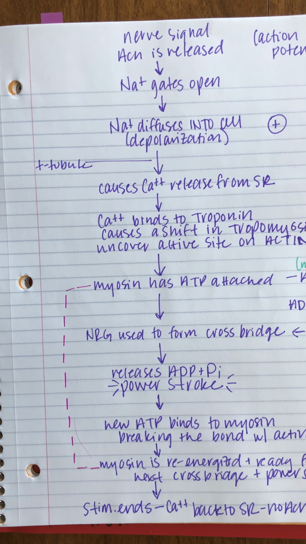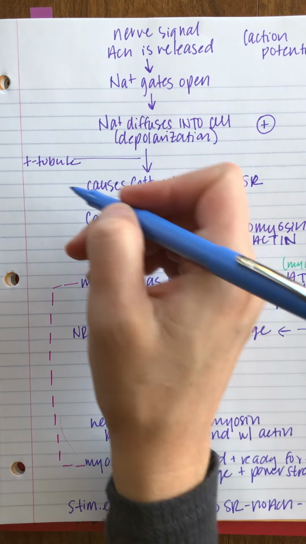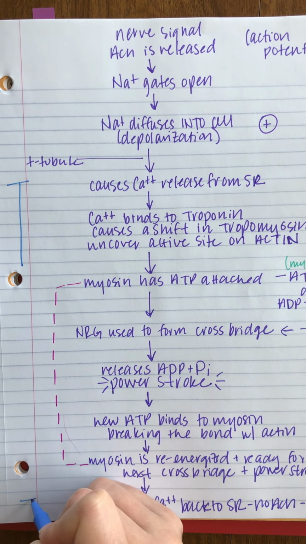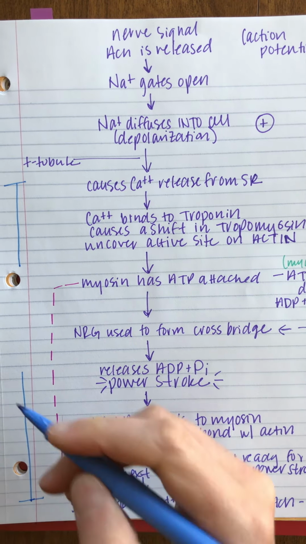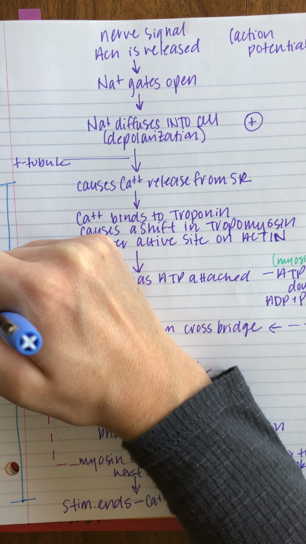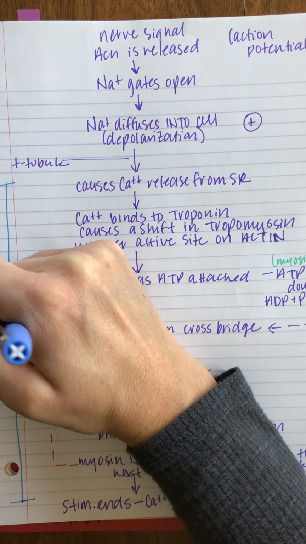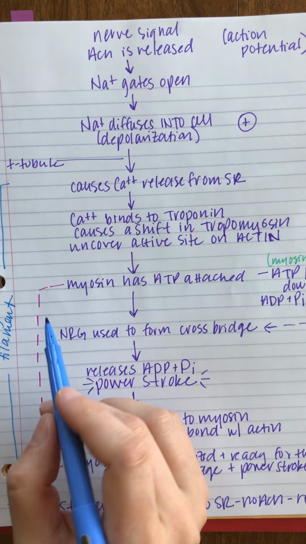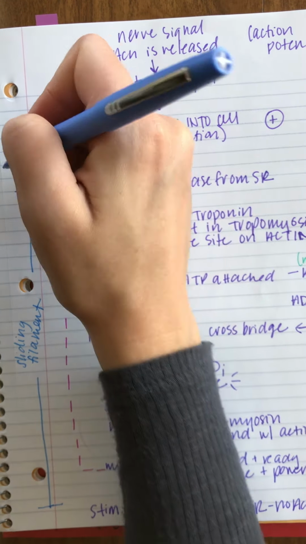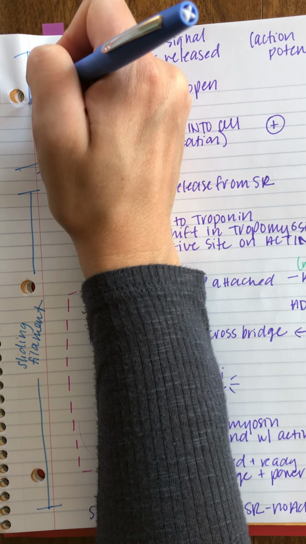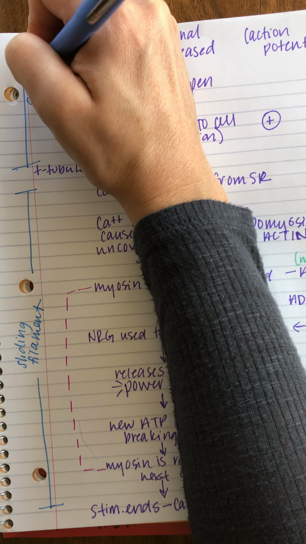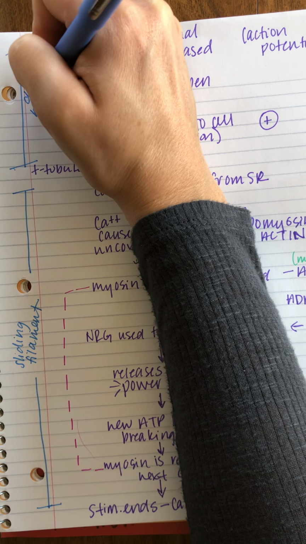If we shift this over a little bit, we could say that this portion here is the actual mechanism of how the filaments slide on each other, where this part up here is the depolarization, repolarization.